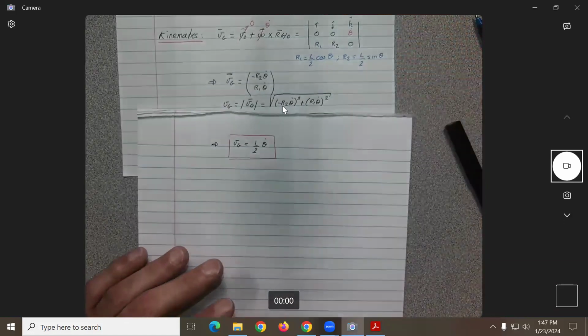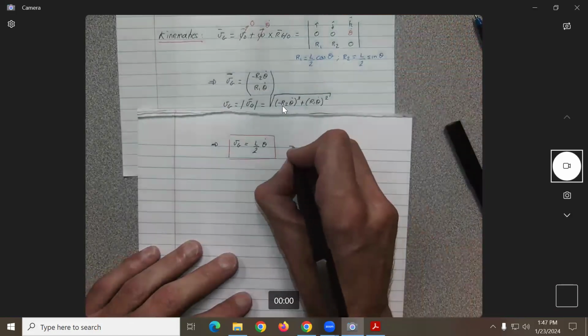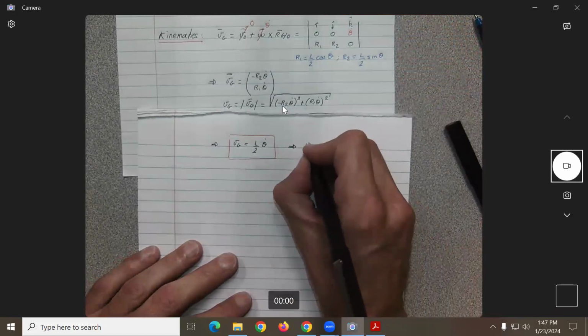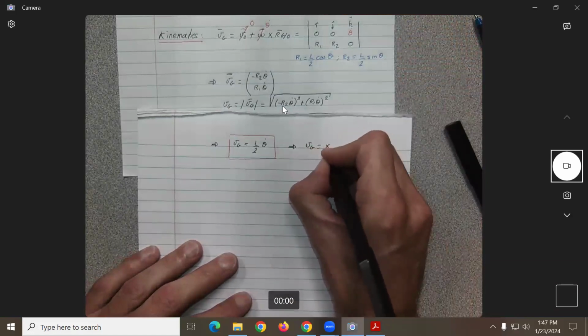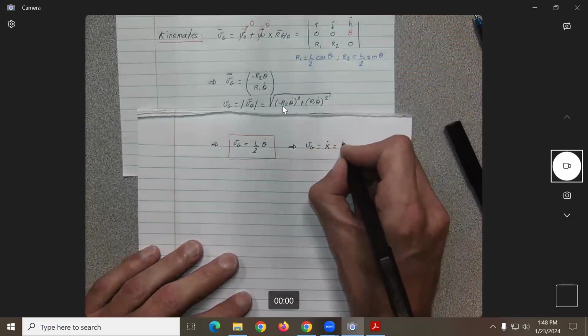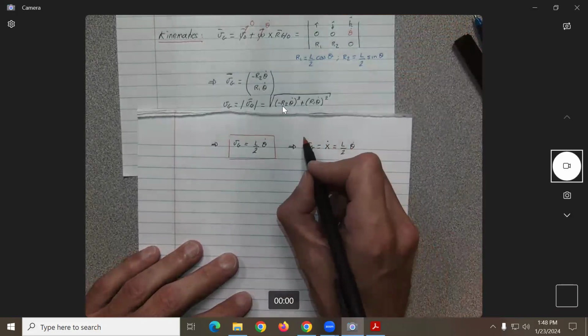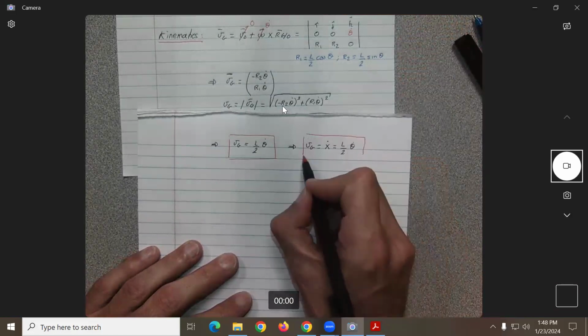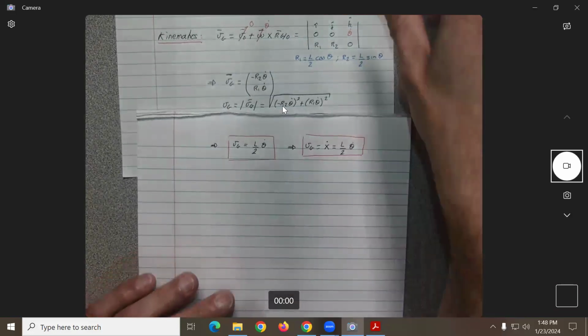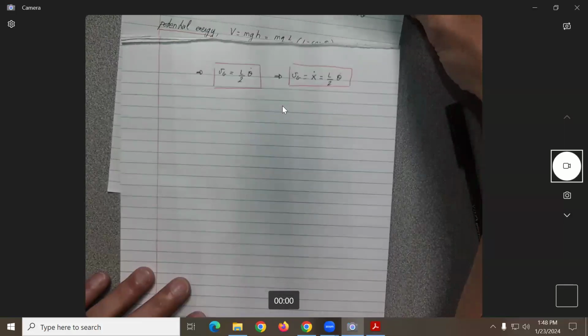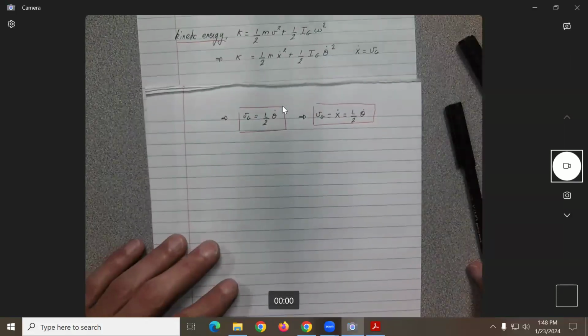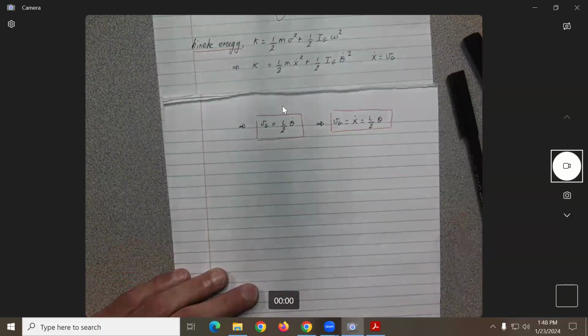And remember, maybe I forgot to put the most important part. Vg is equal to x dot equal to L over 2 theta dot. So why did I do all this stuff? Because now, what can I do? Substitute into the kinetic energy.